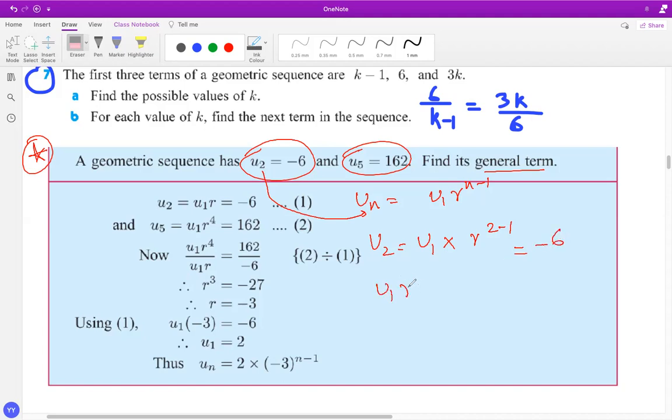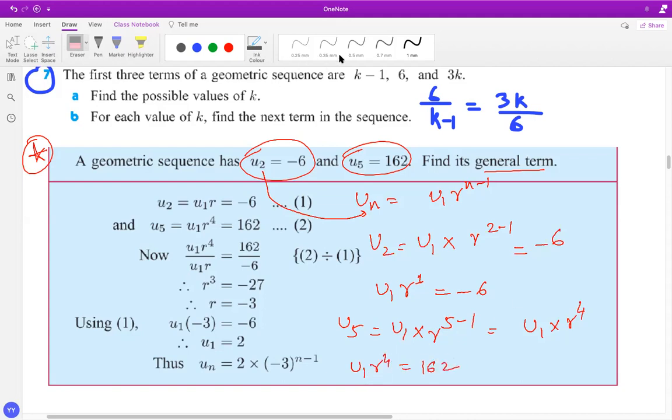So u1 r to the power 1 is negative 6. And similarly, if I take 5, u5 will be u1 times ratio to the power 5 minus 1. So u1 times ratio to the power 4 equals 162.